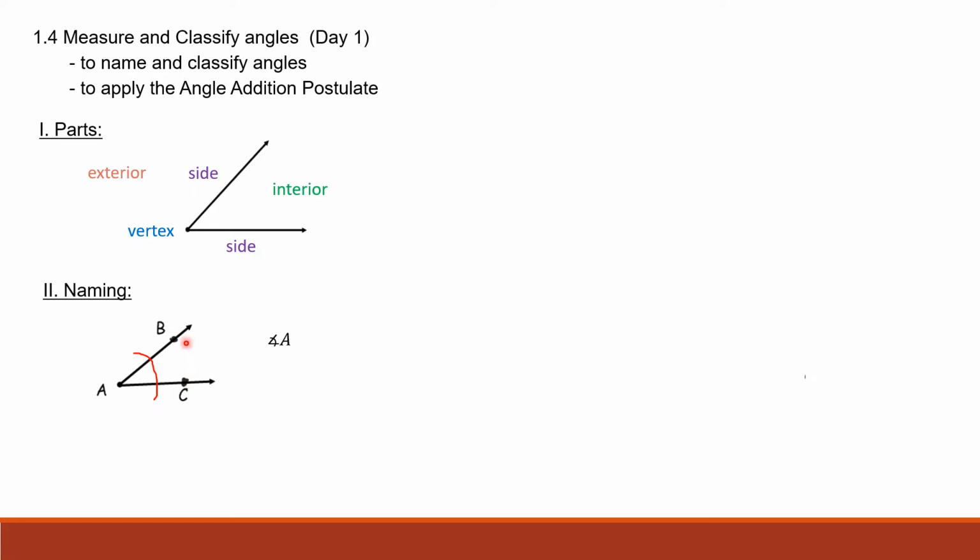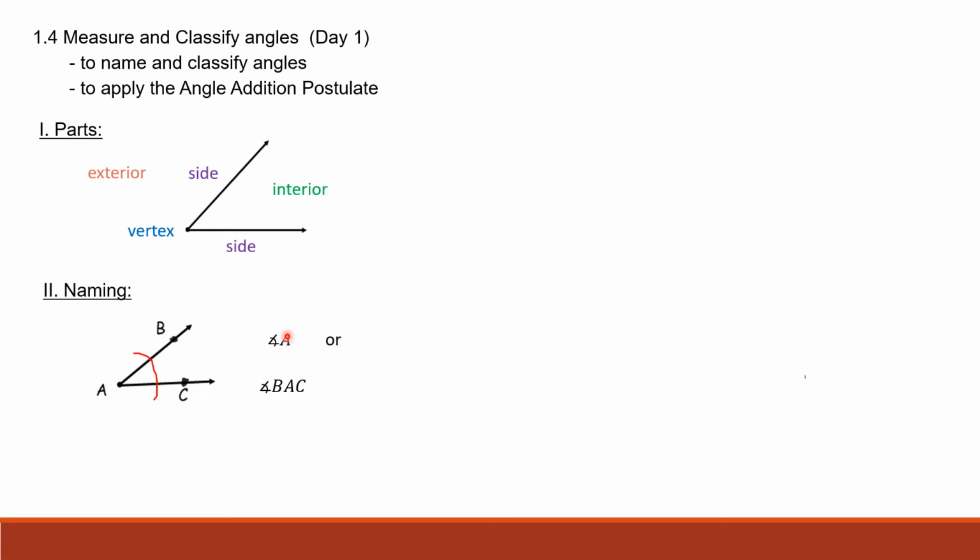But what about these other 2 points? Well, these other 2 points can also be used to name the angle. The important part is that the vertex is always in the center of the name. So we can start at B, go down to A, pivot around to C. So that would make it angle BAC. Now you'll notice there's an or there.